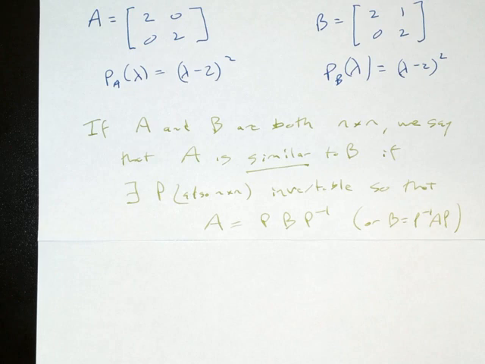This is different than row equivalence. Matrices may be similar without being row equivalent. Matrices may be row equivalent without being similar. For example, these two up here are row equivalent. The reduced echelon form of both of them is the identity, which means I could write a bunch of row operations to get from one to the other, but they're not similar.